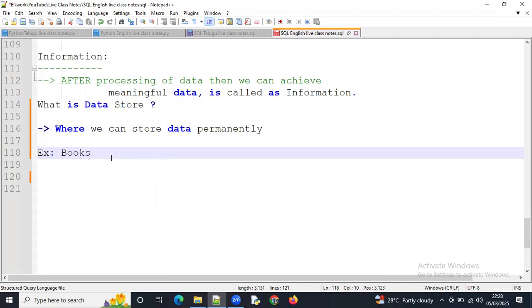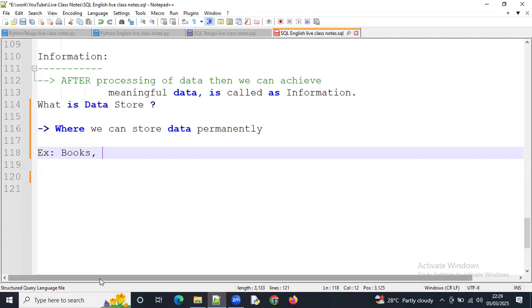books. Before the computer generation, we used books for storing data in the form of registers or in the form of files. Files here mean normal physical files, not computer files. Computer files are called soft copies, but normal physical copies are called hard copies.